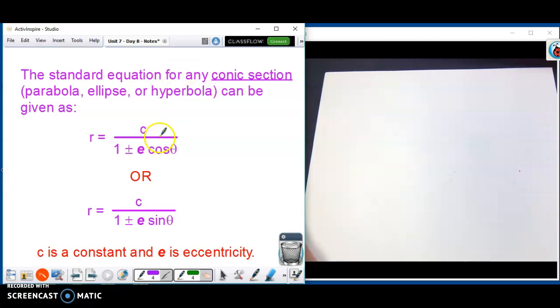Couple of things here. So we are going to be focusing on this E value. But in order for that to be E, that means that this number right here has to be a 1. If this number is not a 1 here, we're going to have to factor out and make it a 1. So we're going to need this E. E is called eccentricity, which we did talk about when we were doing conic sections. Depending on what E is, then you can tell what conic section it's going to be.